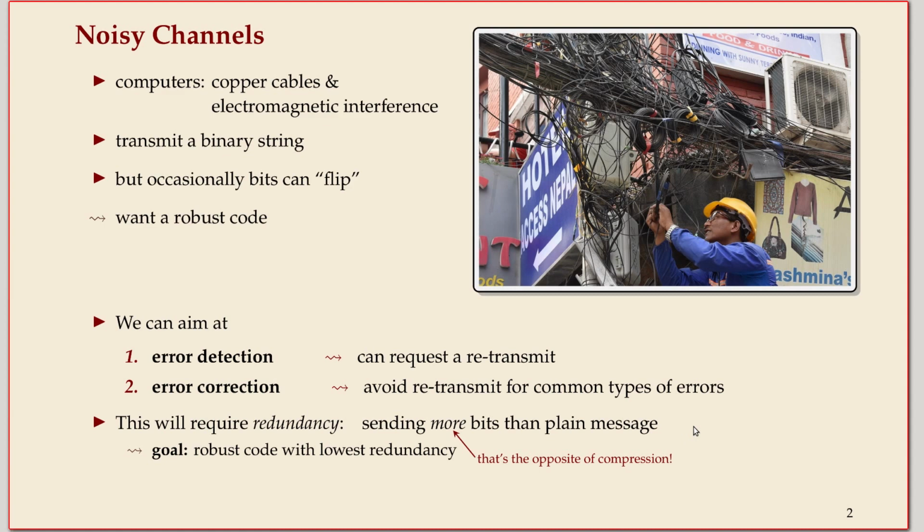But we'll be sending more bits than the actual plain message. So I'm supposing that the sender has just a string of bits that he wants to transmit to the receiver, and we don't know anything specific about this message. That could be arbitrary bits, and our method should work regardless of what the content of this message is.